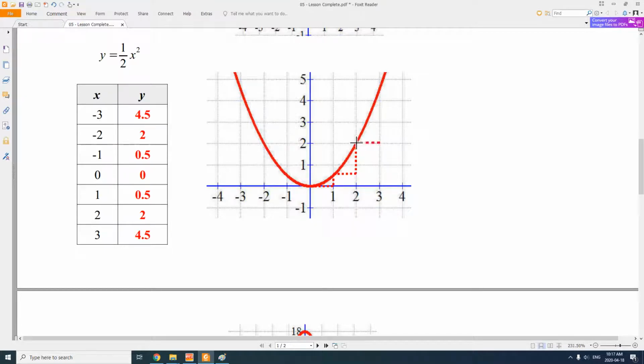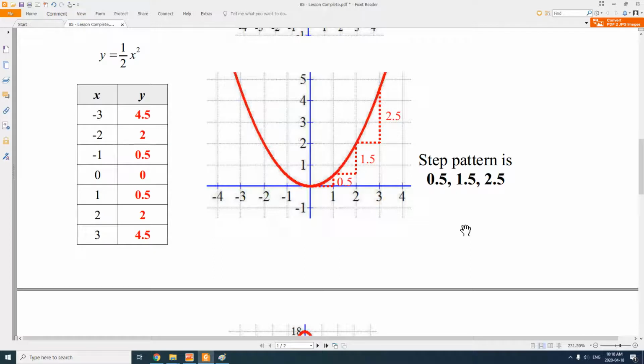Now I'm stepping over 1 and going up about 2.5. This one is a little messy because it's got some fractions in there, but it looks like we went over 1 up 0.5, over 1 up 1.5, over 1 up 2.5. Okay, that is our step pattern: 0.5, 1.5, 2.5.